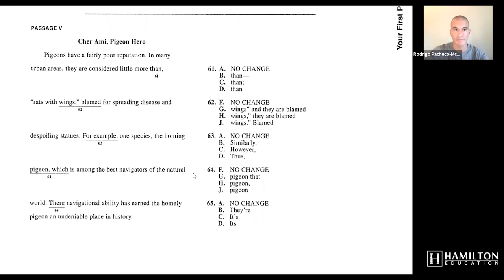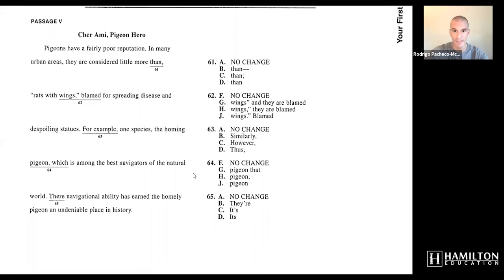So pigeons have a fairly poor reputation. In many urban areas, they are considered little more than rats with wings, blamed for spreading disease and despoiling statues. However, one species, the homing pigeon, is among the best navigators of the natural world. Its navigational ability has earned the homely pigeon an undeniable place in history.